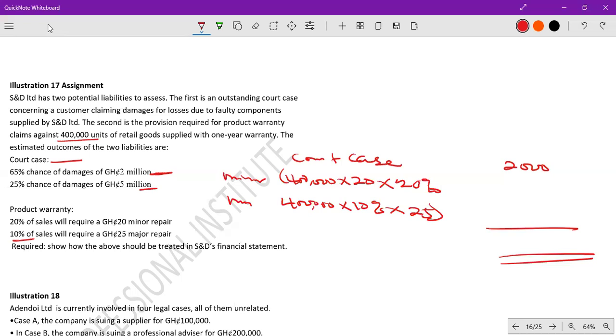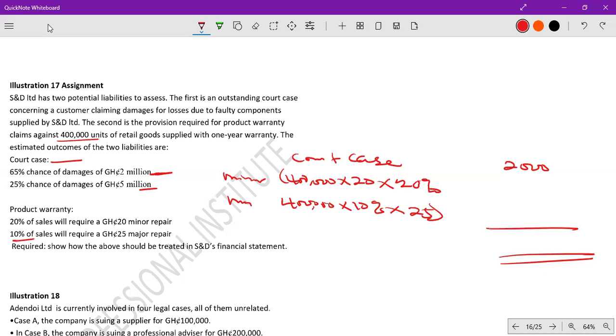Did you say the 25 will be recognized? Yes, now. This is probability. Warranty: 20% of the sales made will require minor repairs.